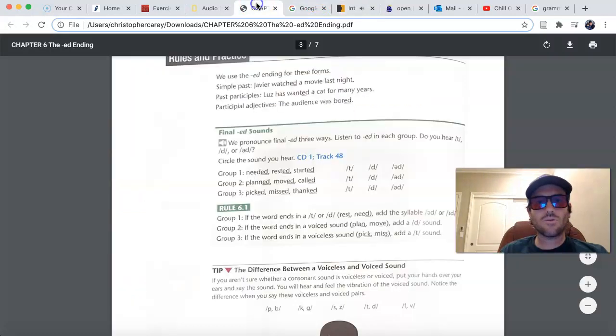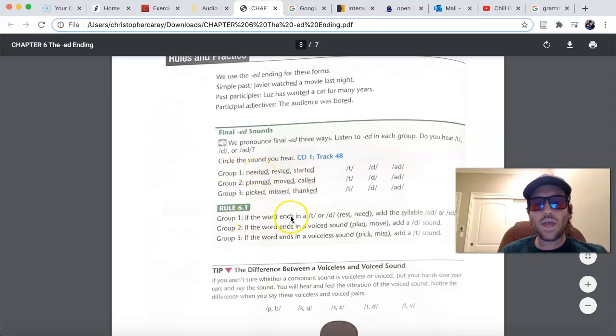Now let's go ahead and take a look at the spelling of these. And let's take a look at the vowel and consonant sounds that come right before the ED. Most of them are consonant sounds. Look at those consonants that are right before ED. And take a look at group 1.